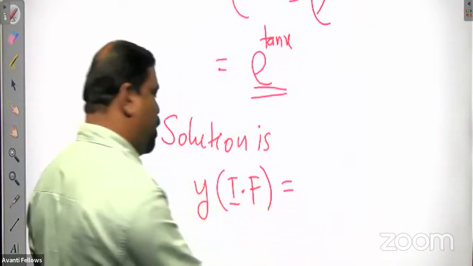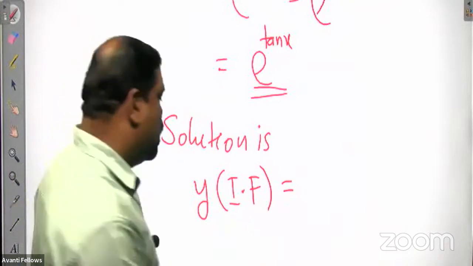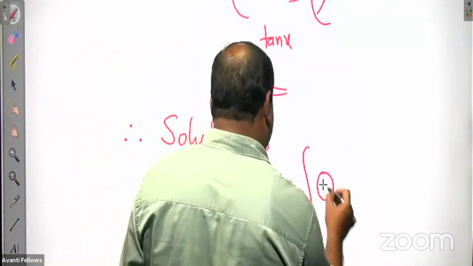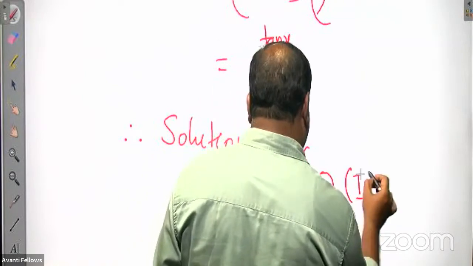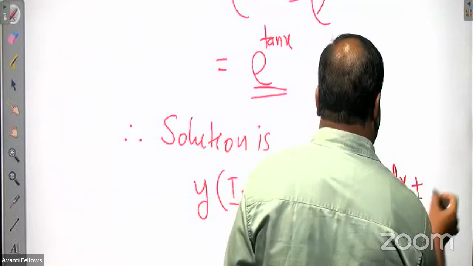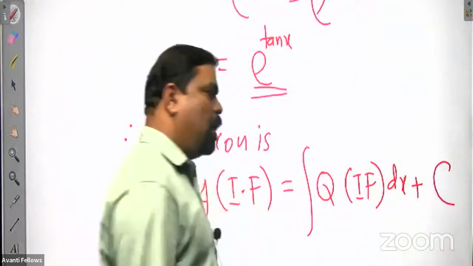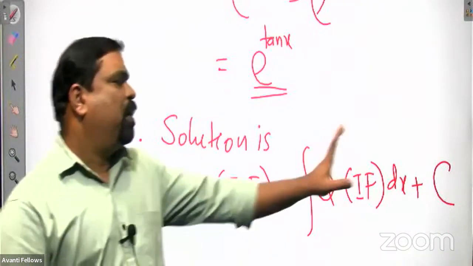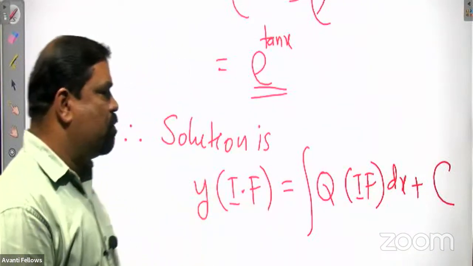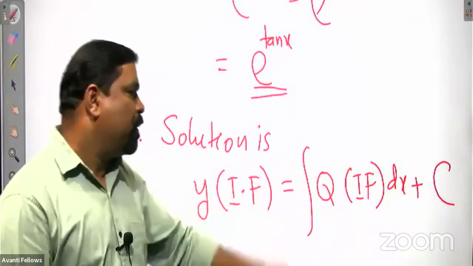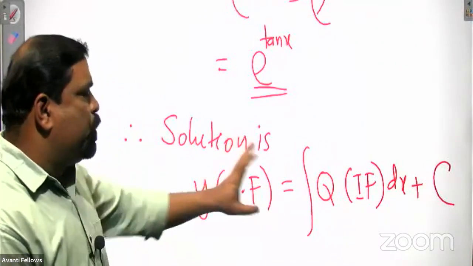Y into integrating factor is equal to integral of q into integrating factor dx plus c. Actually, the constant will be put after the integration, but in that formula we directly put c. Generally, we remember this formula as it is. So this is the solution.